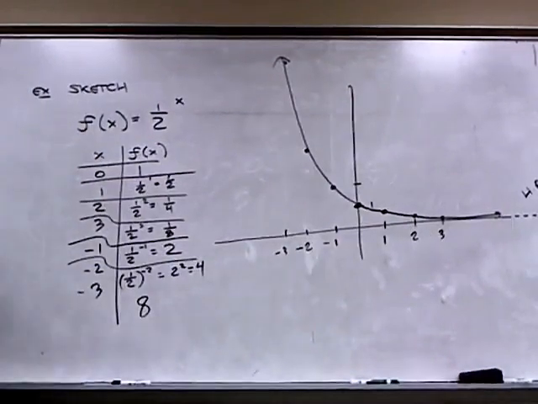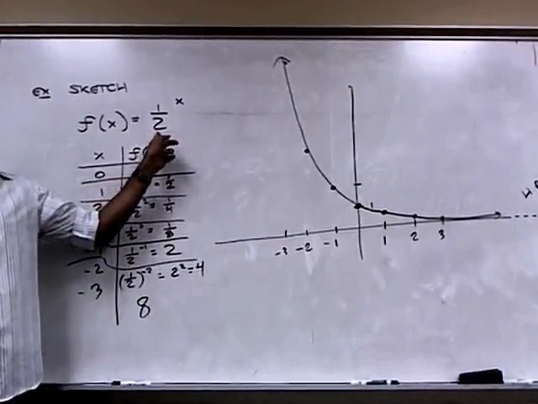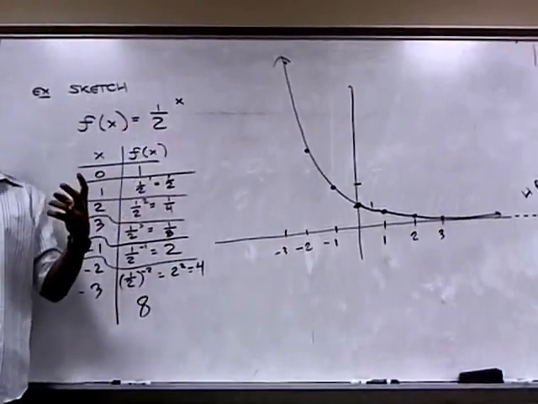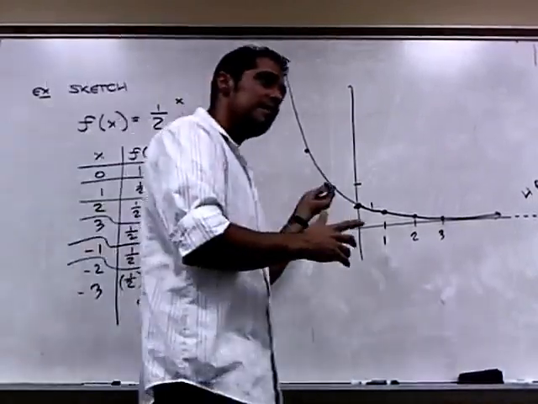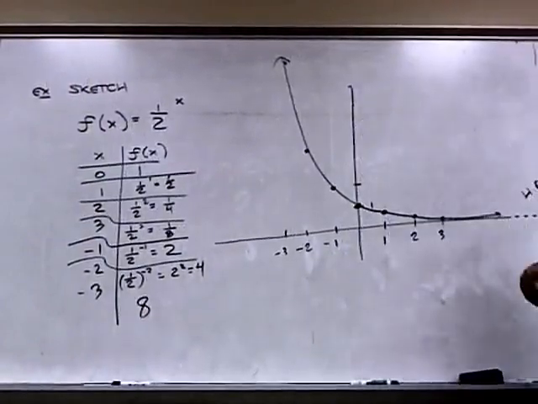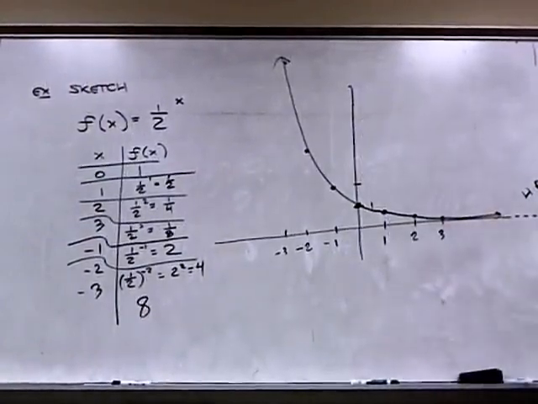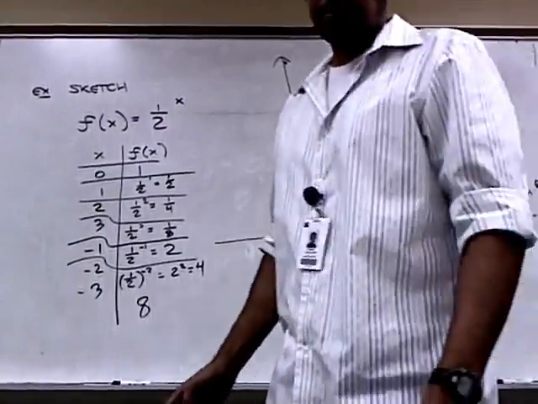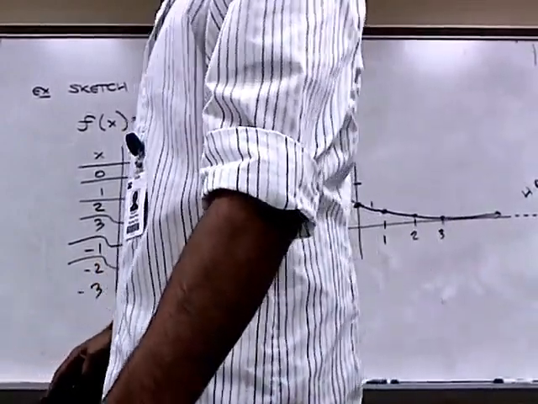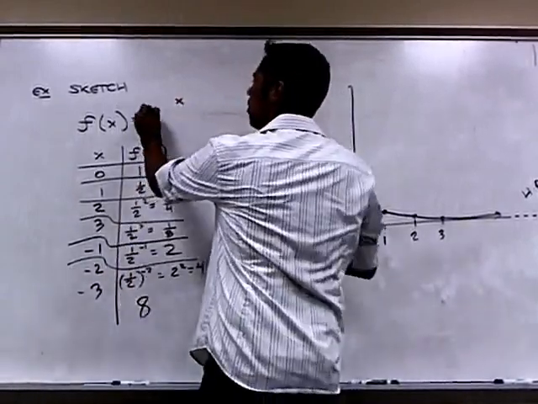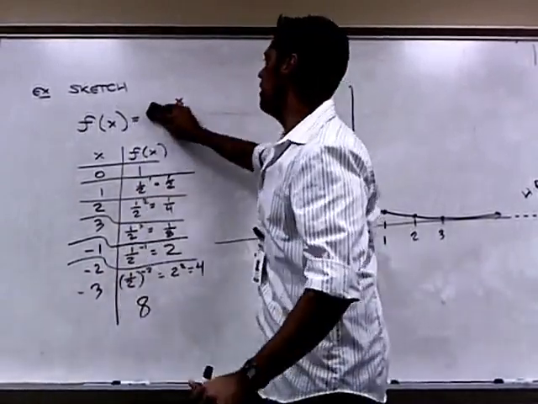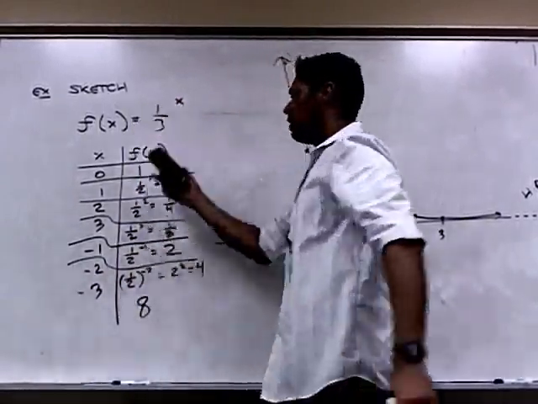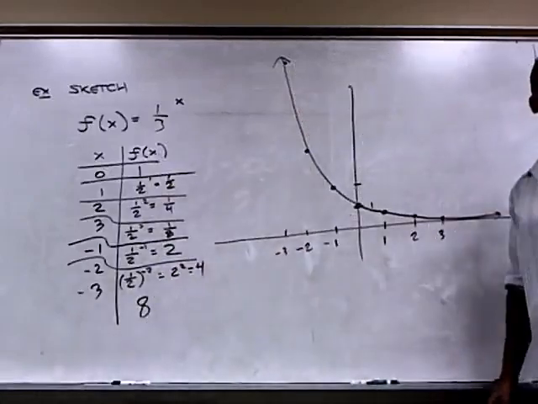The previous base was 2. This one was a half. Somehow that base dictates which way it goes. So I'm going to summarize that in my next note. This was just 2 examples. Your first 2 problems for homework: you're going to graph 3 to the x, and the other one's going to be 1/3. So you're going to go through 2 tables, and draw your pictures.